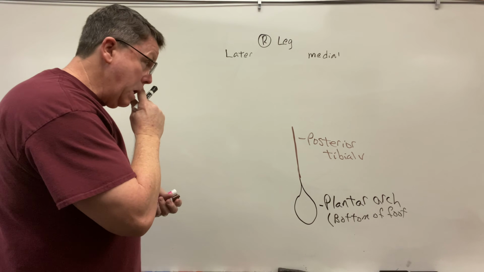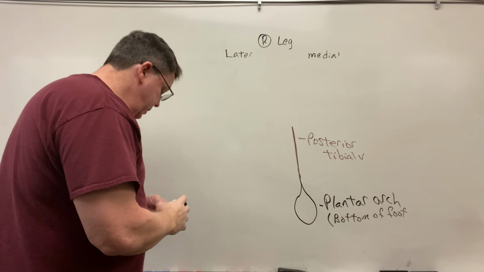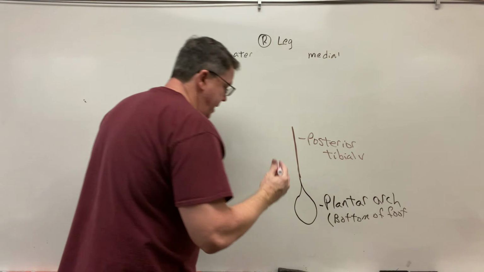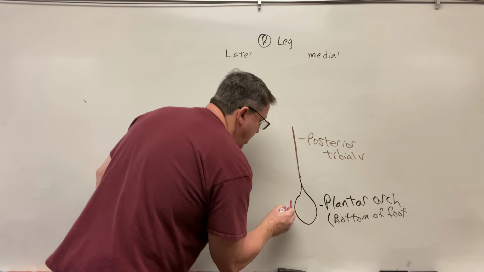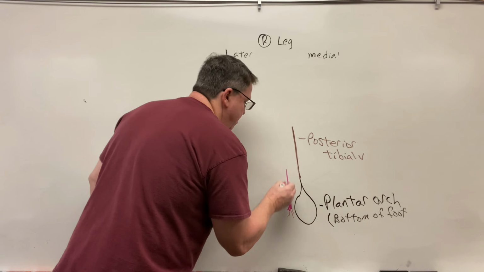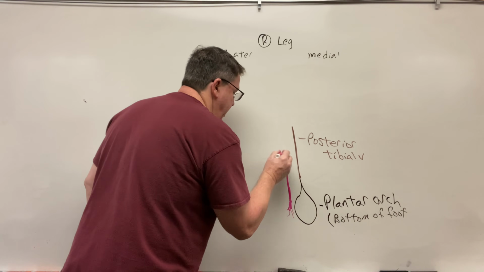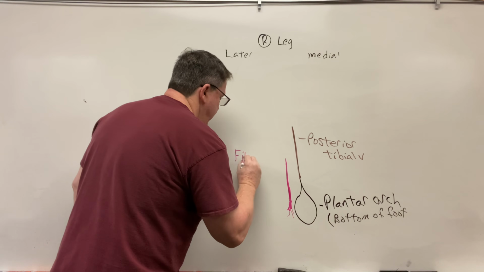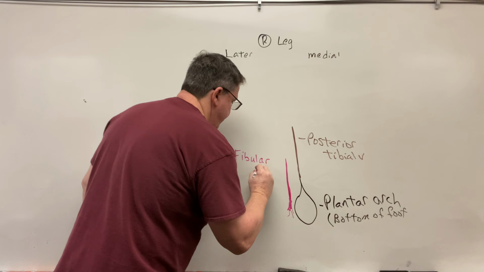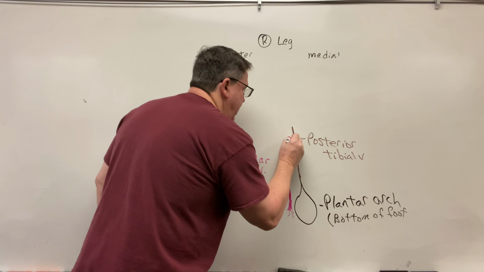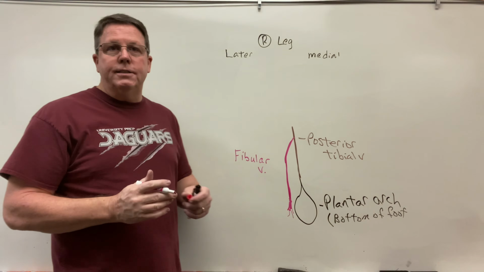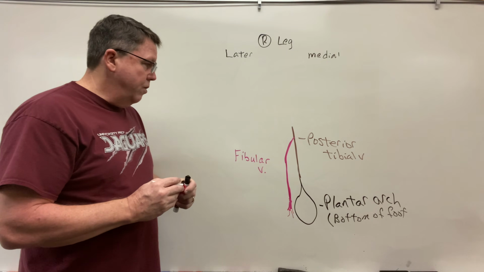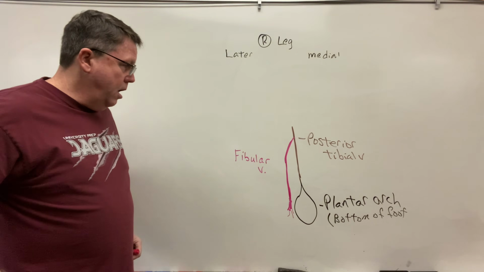Okay? So now, like we also said coming out of here, we had basically capillaries coming together, and they are going to form my fibular vein. And my fibular vein is going to drain into my posterior tibial vein, like we just said a minute ago. Okay, so there's that part right there.